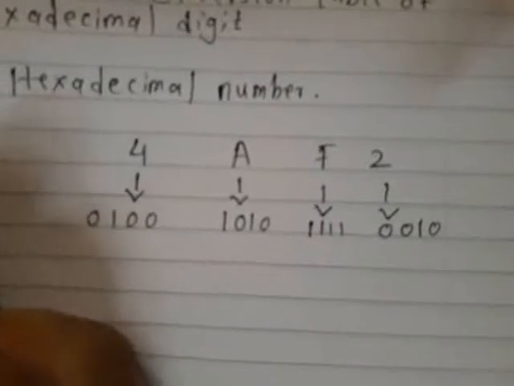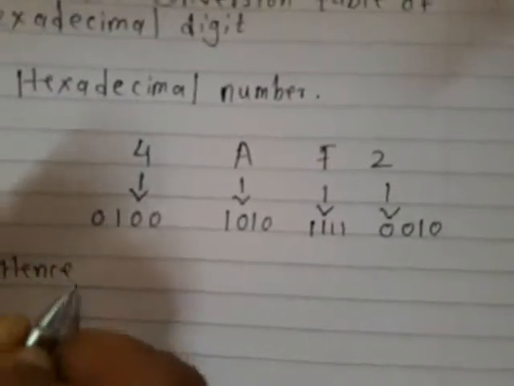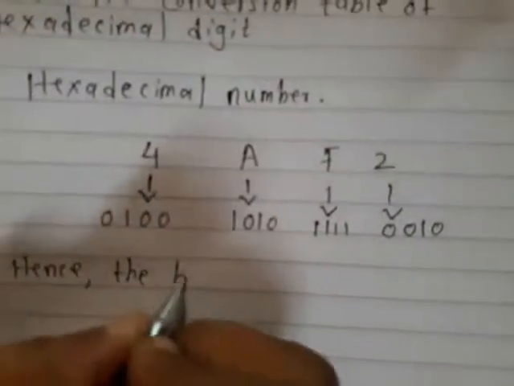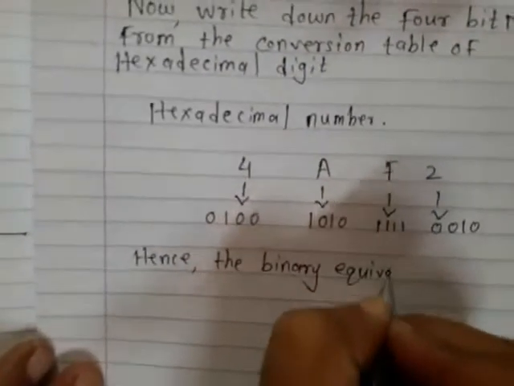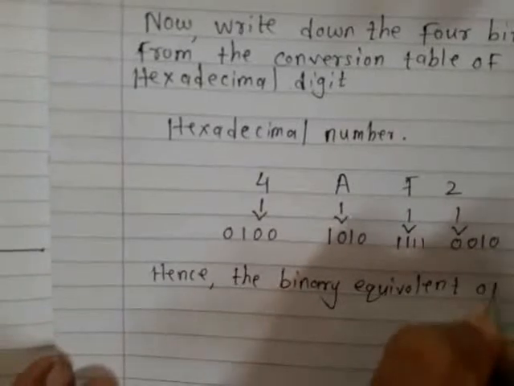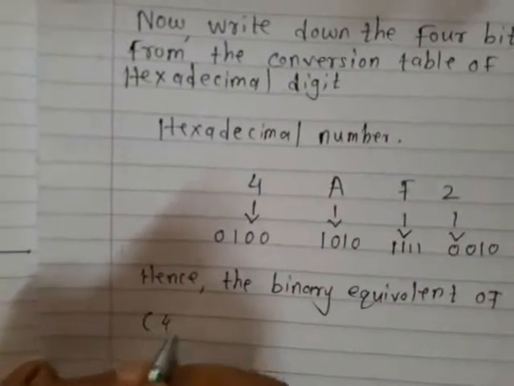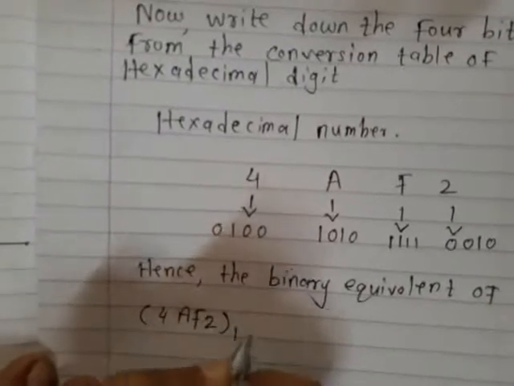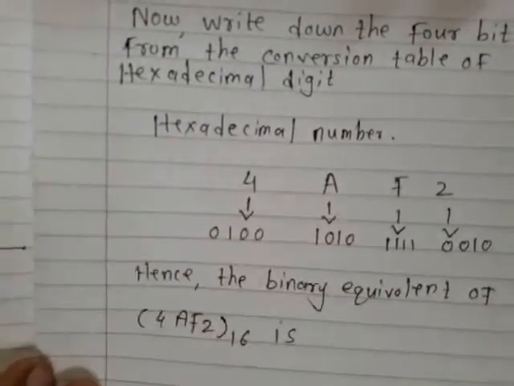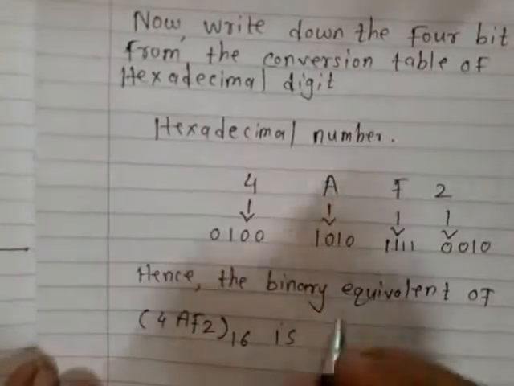Okay, now see, hence the binary equivalent of 4AF2 base 16 is, you have to write this number.